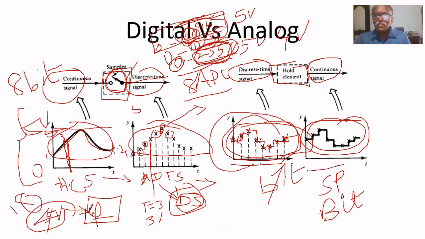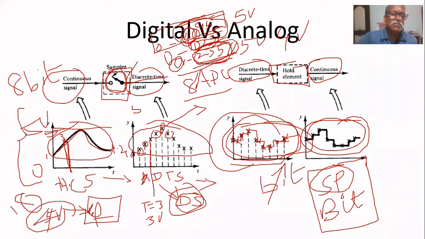So what is the importance of the number of bits and the sampling period? Whatever we are talking about, the analog signal is discretized and digitized. It is transmitted from one end to another end.